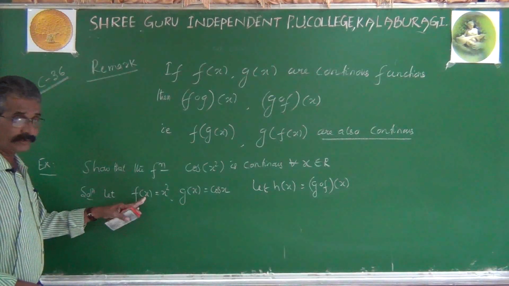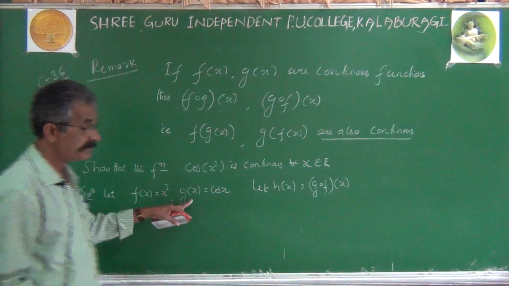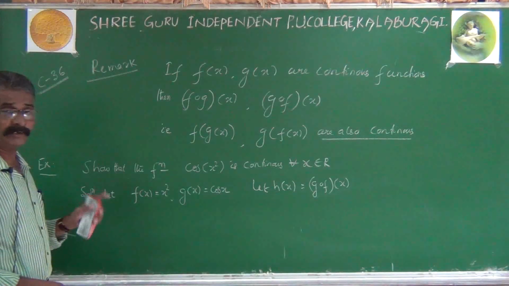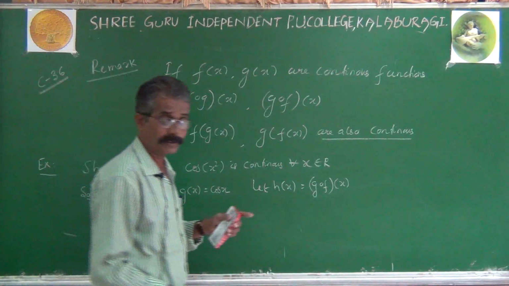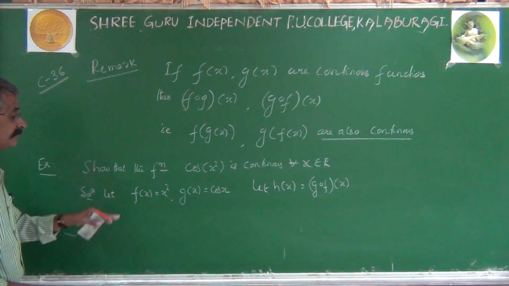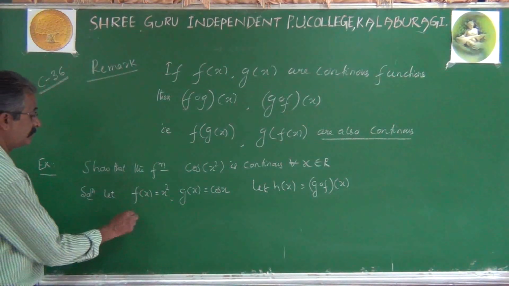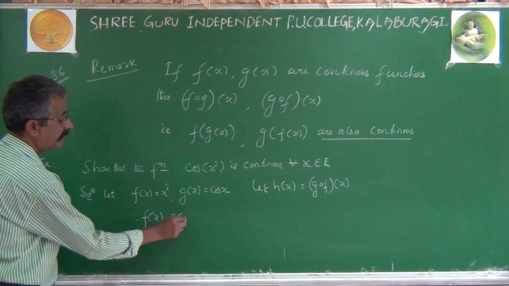Now, what is f of x? Continuous, because it is an algebraic polynomial. What is g of x? Cos x, continuous, because already we know that sin x, cos x, tan x, cot x, sec x, cosec x, they are all continuous in their well-defined domains. Hence, here both f of x and g of x are continuous.